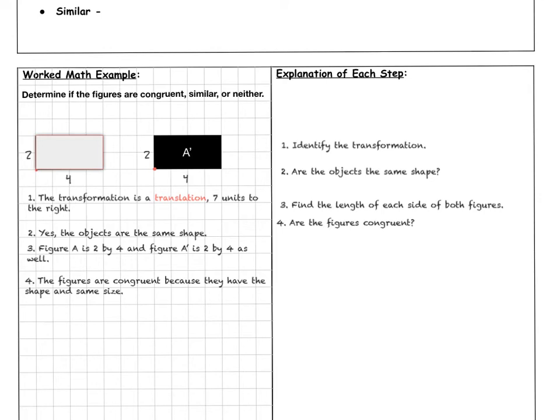So when we move it 7 units, we're going to put it right on top of the other figure. Now, since the other figure is completely covered, we're going to say that they're congruent because one fits on top of the other one.